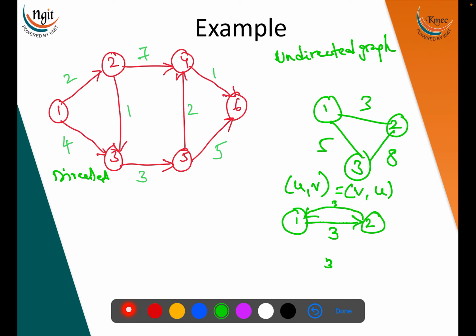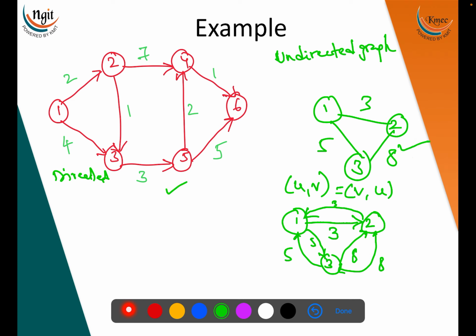The cost 5 from 1 to 3 is the same from 3 to 1. The cost 8 from 2 to 3 is the same from 3 to 2. Likewise I can make this into a directed graph. So the point is, the single source shortest path problem can use undirected graphs and directed graphs.